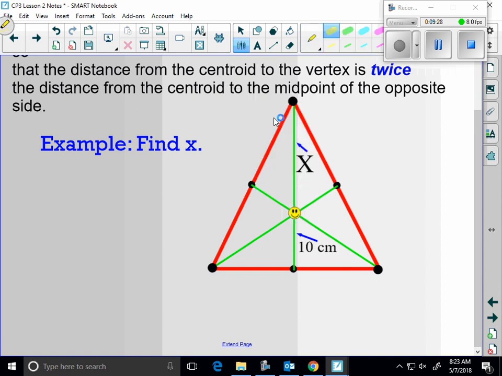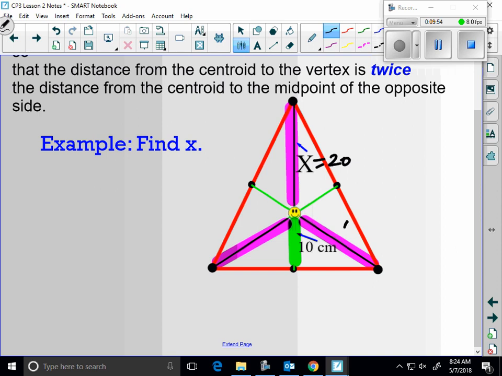So for example, each of these purple segments is going to be twice as long as the rest of the segment. So if that green segment is 10, what is X going to be? 20. Yeah, so it basically doubles that.